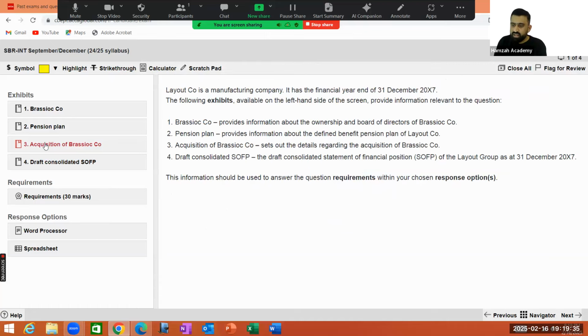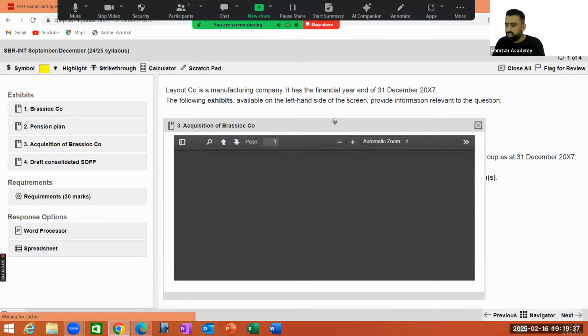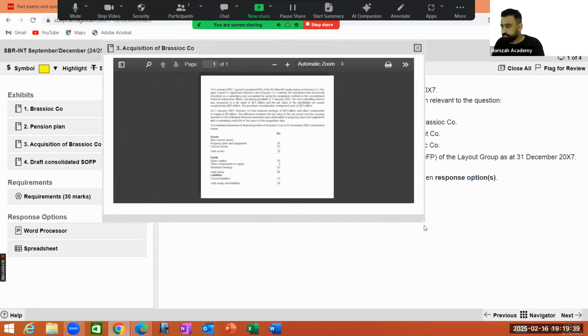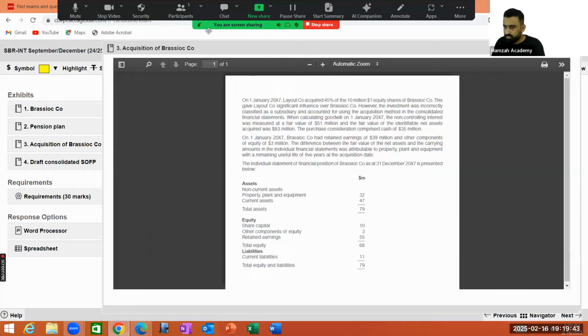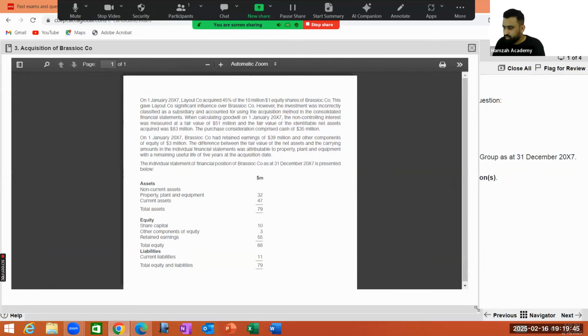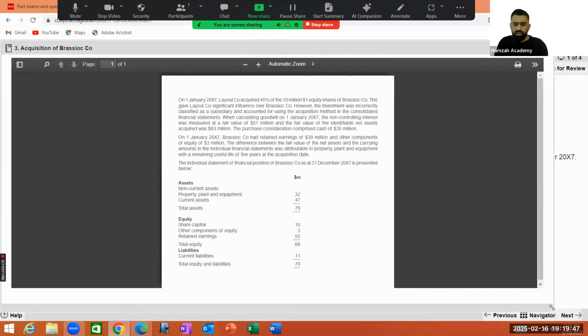Now, but before that, read Exhibit number 3. Now look at Exhibit number 3. Then we will move towards the last area. On 1st January X7, Layout acquired 45% of the 10 million equity of the B company.